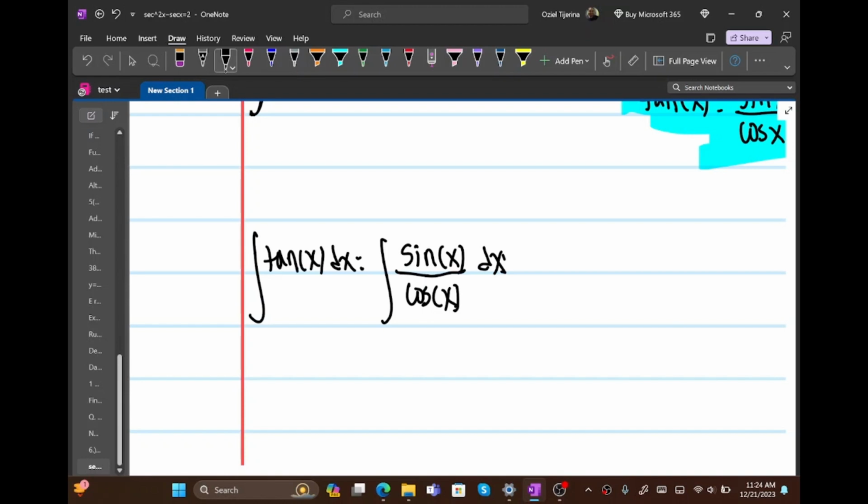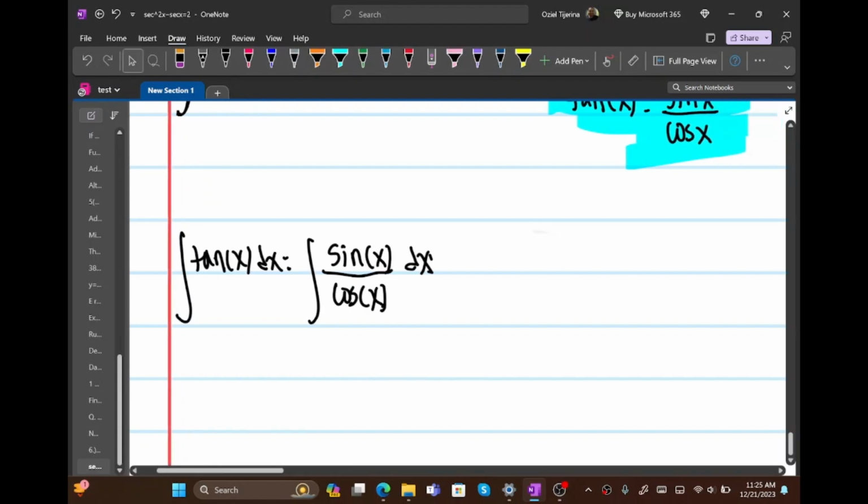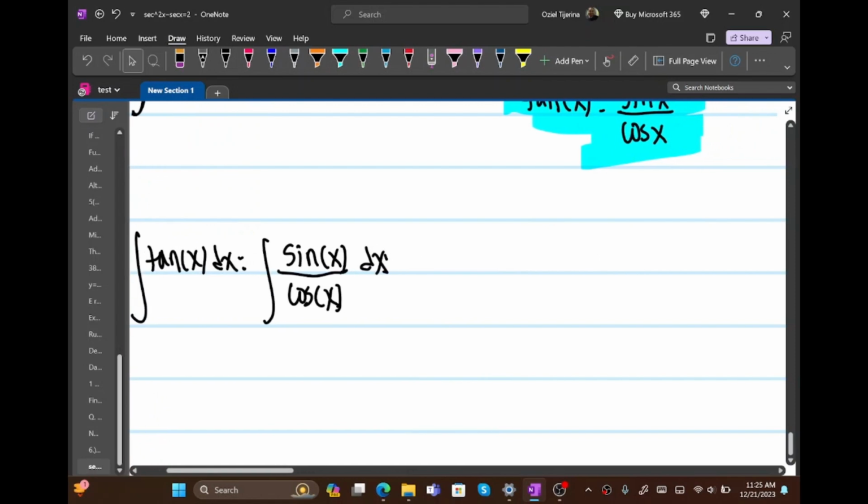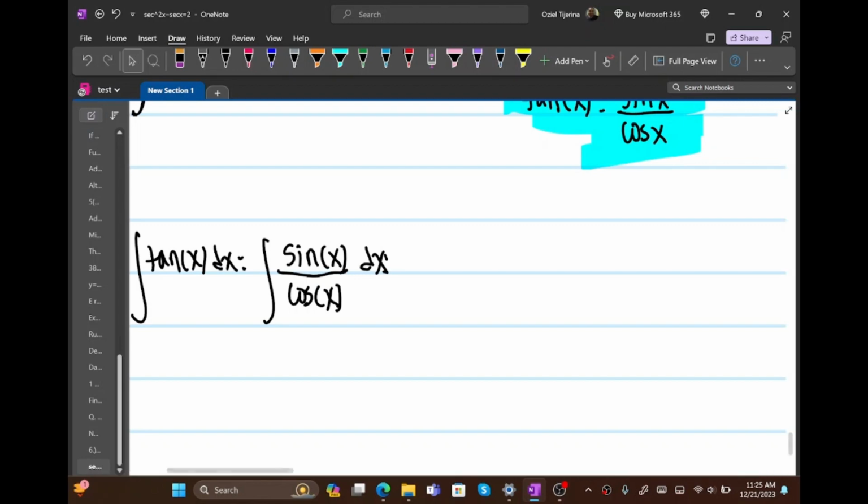Now here we want to do some u substitution. You can try to see what works best, but here I do think that making u equal to cosine of x is the better option.